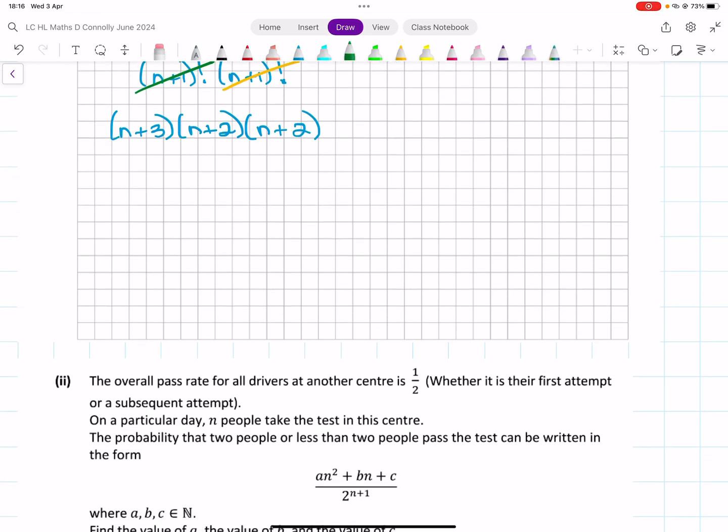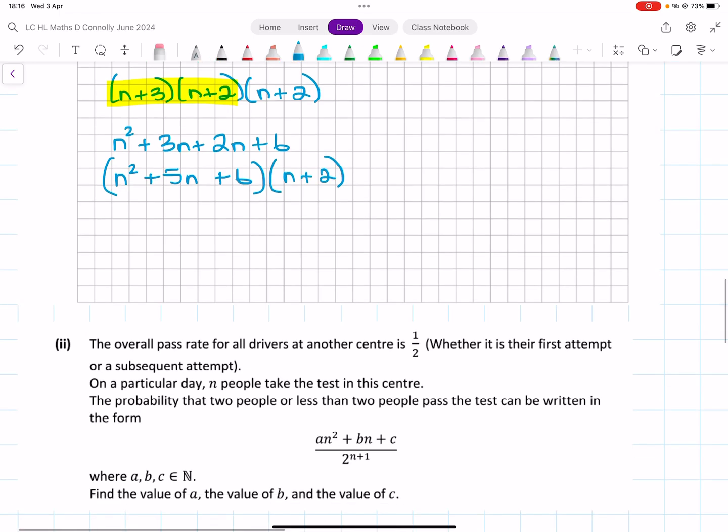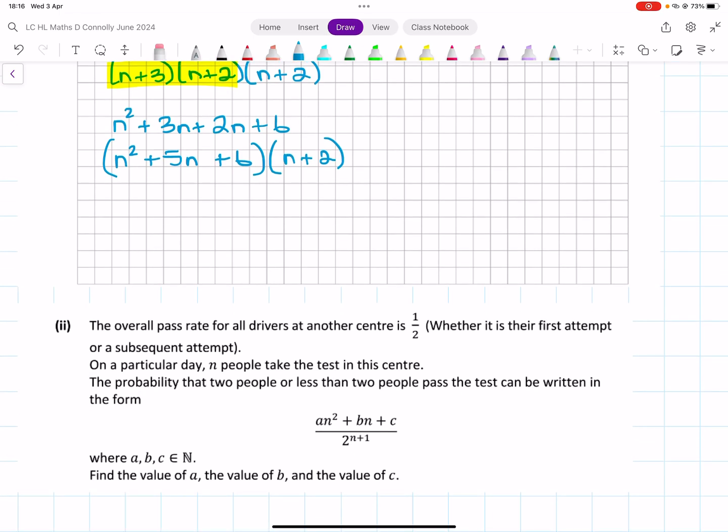So I'll do these two first. That's n squared plus 3n plus 2n plus 6, which is n squared plus 5n plus 6, which I'm then going to multiply by n plus 2. So if we do this with these two, that's n cubed plus 2n squared.